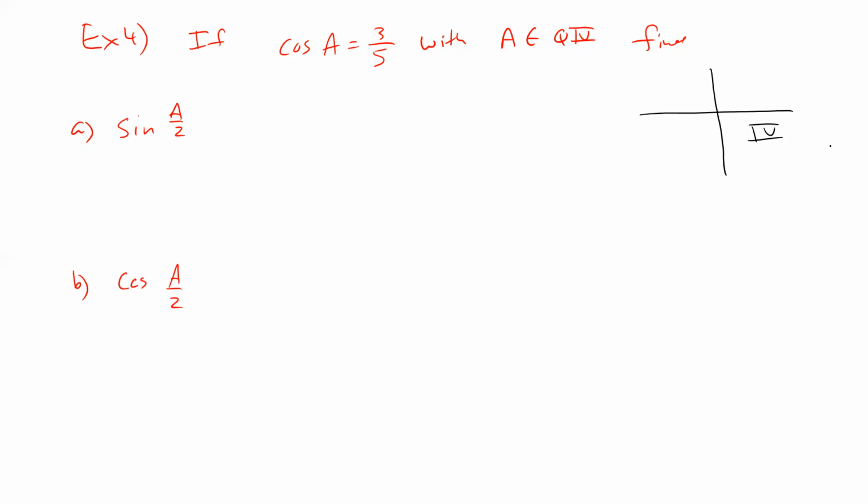If we want half the angle, which quadrant will we wind up in? We're going to go back to 2, is that right? That's a little chart that we made up last time here. We're going to go half the circle, so it goes all the way back to 2. So in this case, I know that sine is still going to be positive.